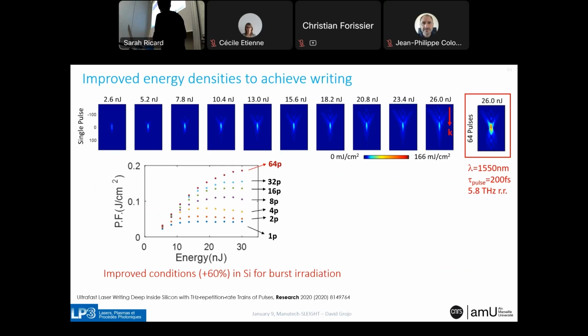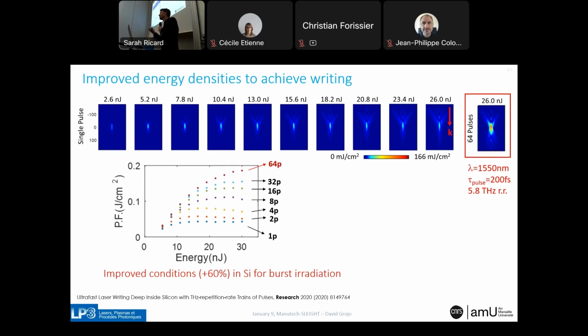And for comparison, this is the delivered fluence with a train of 64 pulses. So this may sound already attractive. If you plot this delivered fluence as a function of energy, as you increase the number of pulses in the train, you see that we still observe a saturation, but we tend to saturate at higher and higher levels, which may sound also very beneficial.